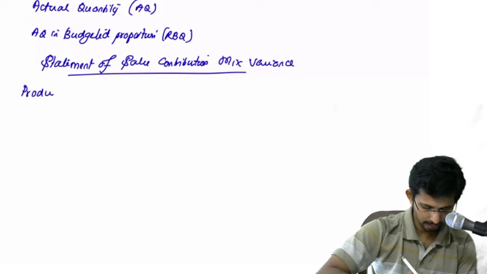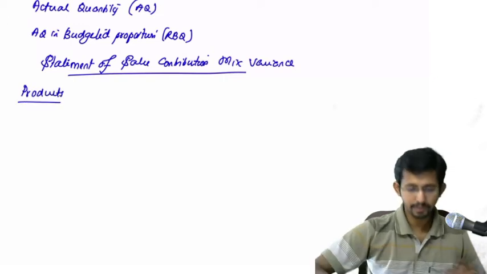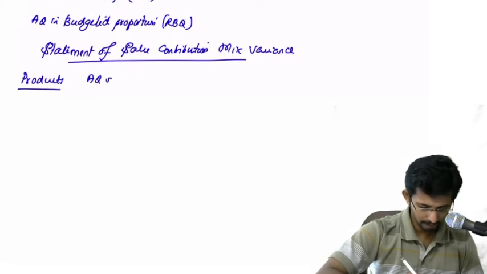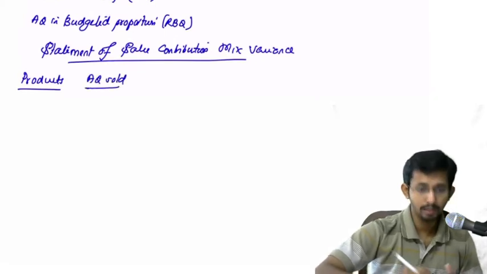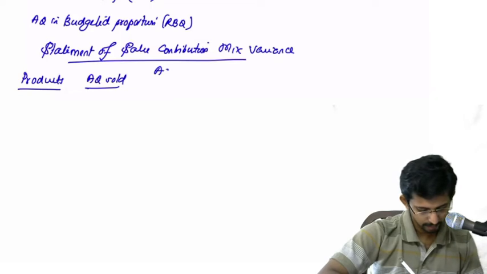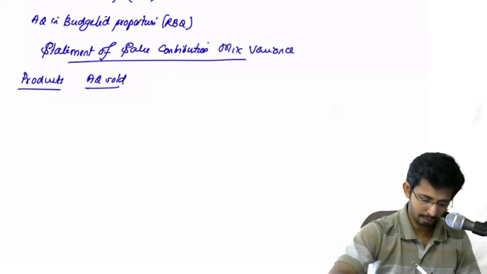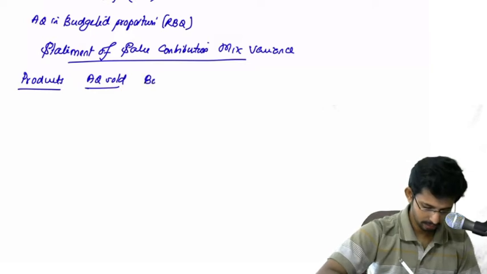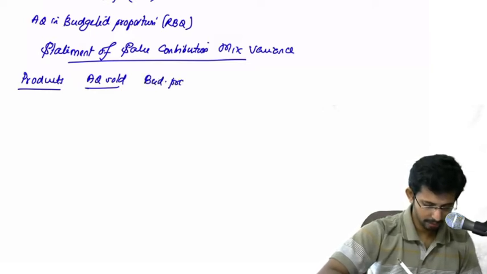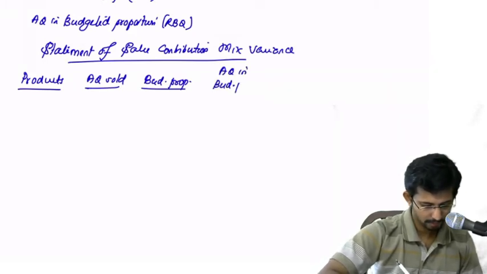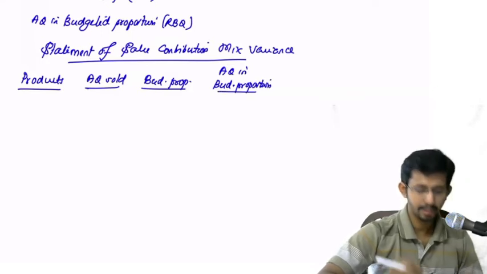First is products, then AQ, actual quantity sold, then budgeted proportion, then AQ in budgeted proportion.